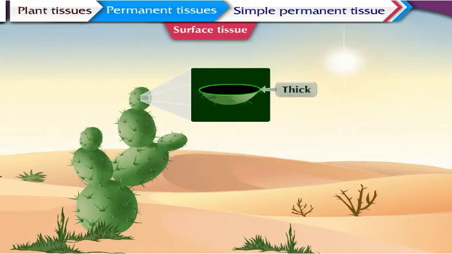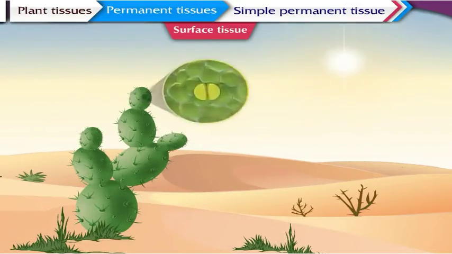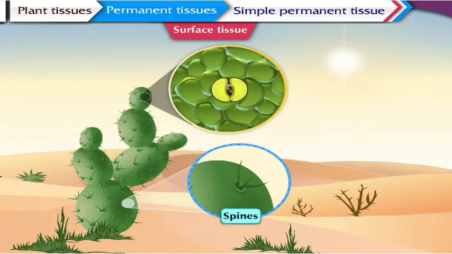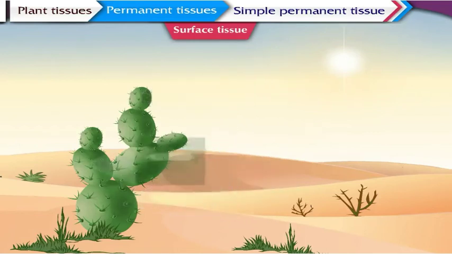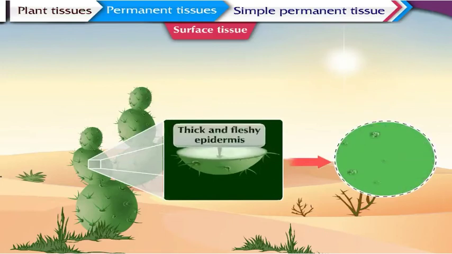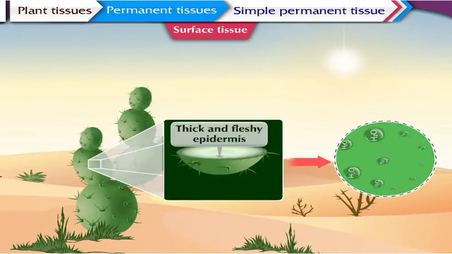It has a thick, fleshy outer covering. It also has spines. Due to the dry and hot climate of the desert, to prevent loss of water by evaporation, there are spines on the cactus. Also, the cactus stores water in the stem, due to which its epidermis is thick and fleshy.